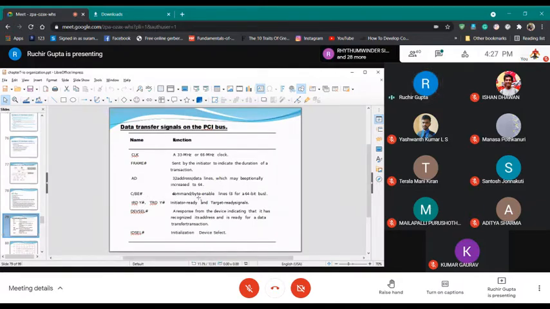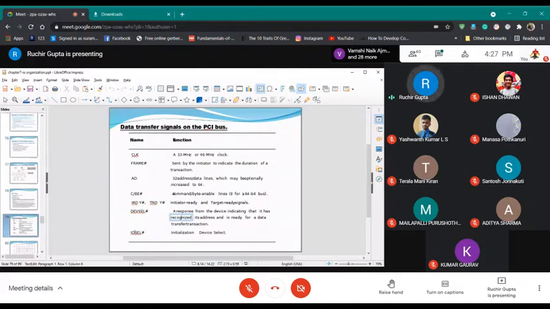And then command / byte enable. So either it will be a 4-bit command or 8-bit byte enable. And then this is more important, initiator ready and target ready signals. So it's more like a handshake. And this is something that makes it plug and play. I'll talk about how this happens.